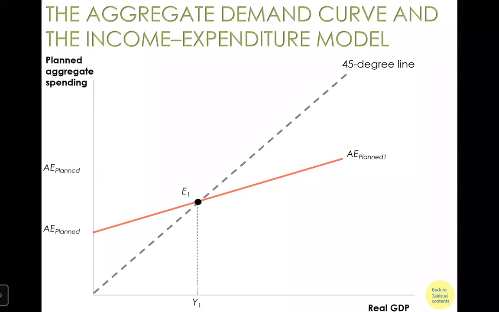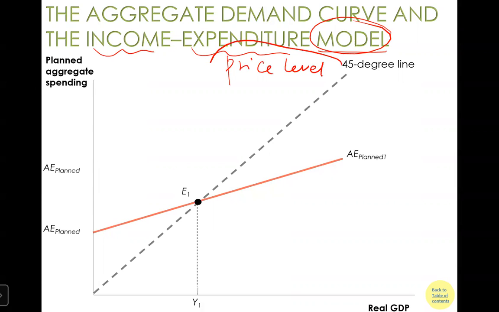So actually, we have a graph to understand that. This is the income expenditure model we discussed in the previous lecture, right? And I want to remind you, this model is for a given price level. Given a price level, we are going to see an equilibrium.